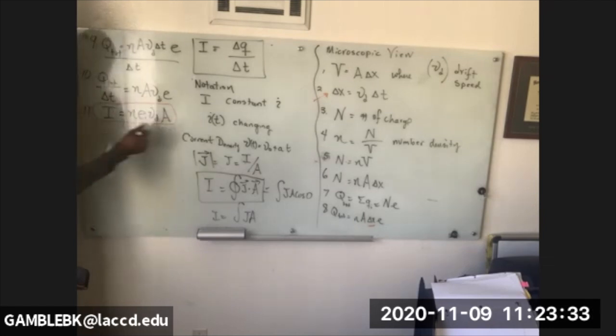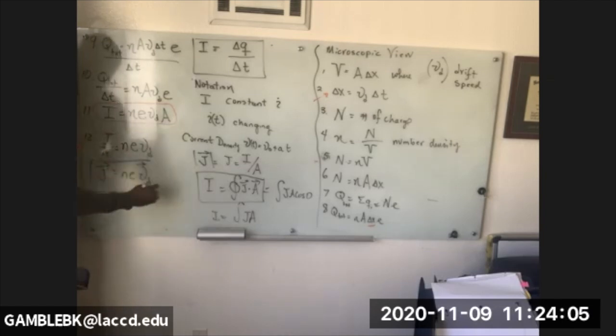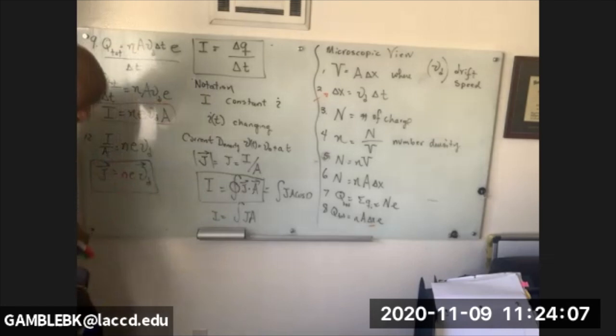So if I divide through by A, then I divided by A is equal to N E V sub D. But then I can write the velocity as a vector. So I can say that J, which is equal to I over A, is equal to N E times the vector velocity. So it's really just the same equation, but it gives me an opportunity to write the current as a vector, in terms of its current density.